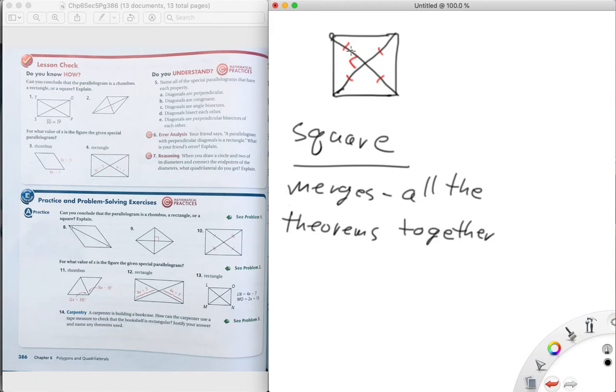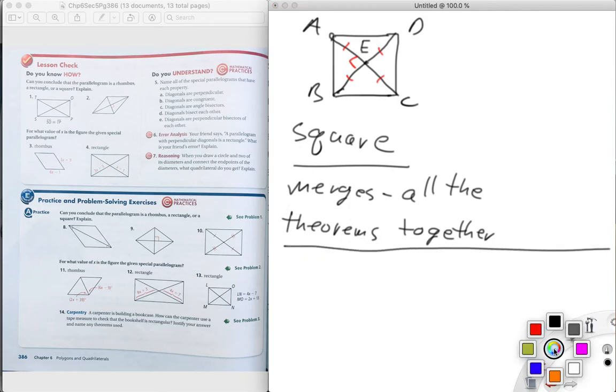So for a rectangle and square, all the sides of the bisected diagonals are congruent. So let's put all the stuff together for A, B, C, D. Let's say there's an E in here. A square merges everything. So if we merged all of these characteristics of a square together, this is what we'll have.